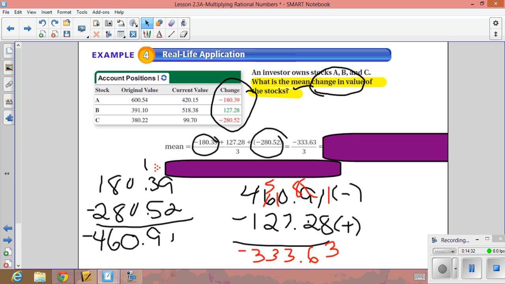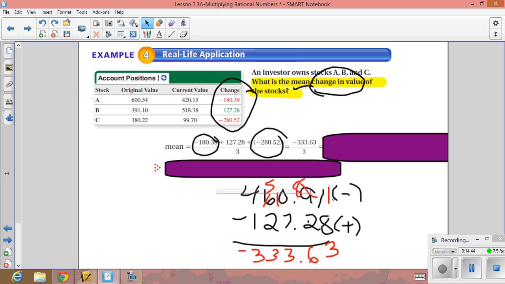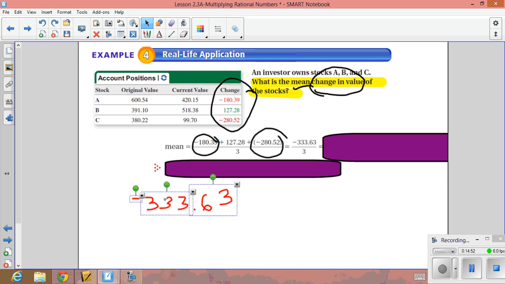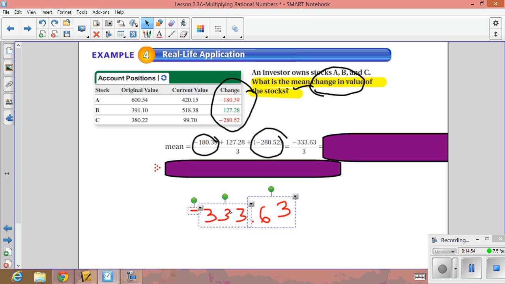$333.63. But the question is asking us to find the mean change in value. So mean is just a fancier word for find the average. So what we're going to do now is take 333 and divide this by what number?